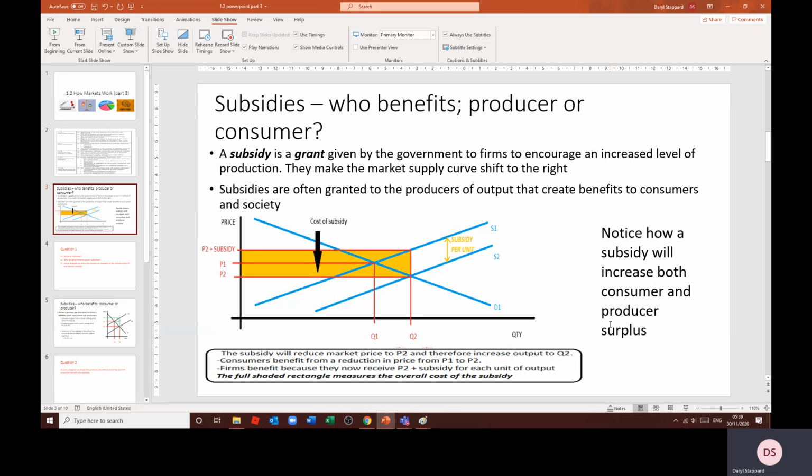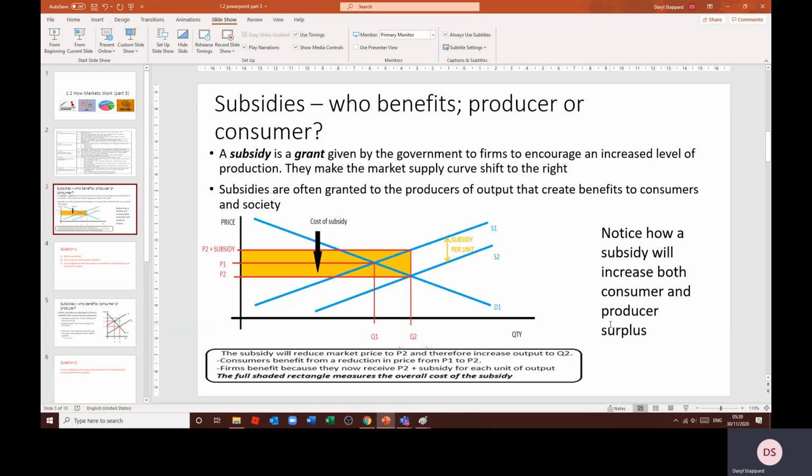So if you want more people to go to university, exercise more, work out more, go swimming more, then if you make these things cheaper, people become more willing and able to do it. So it's a form of intervention really from the government in the workings of a free market economy. You make these things cheaper, then more people will do more of them.